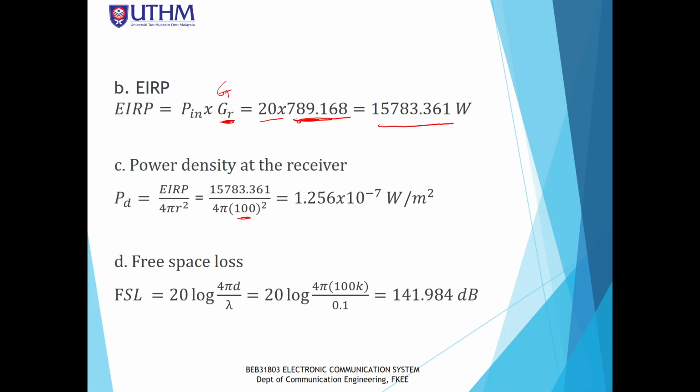Remember, this is supposed to be 100,000, in terms of meters. Let's try whether the answer is correct or not. 15783.361 divided by 4 pi multiplied with 100,000.